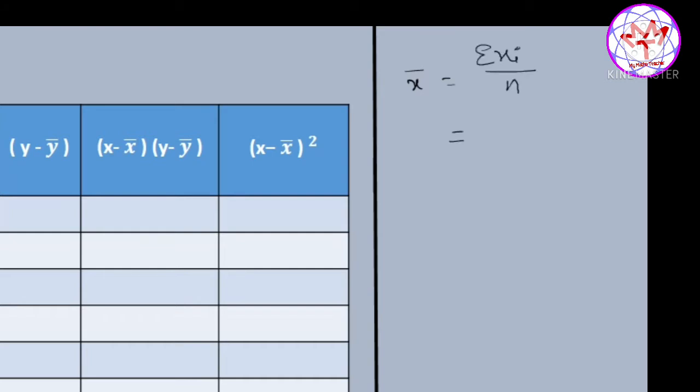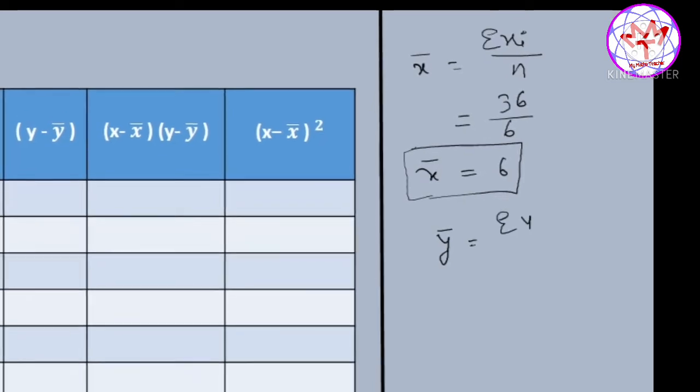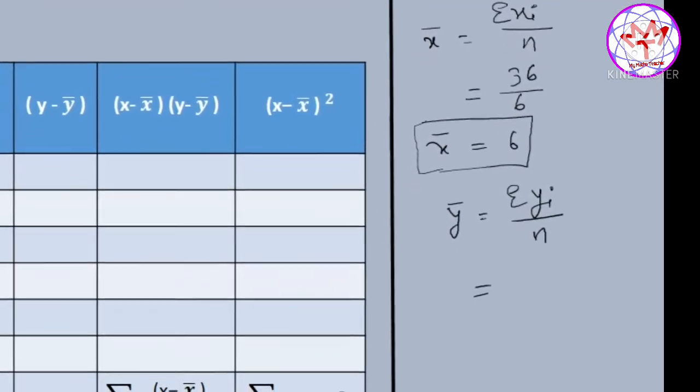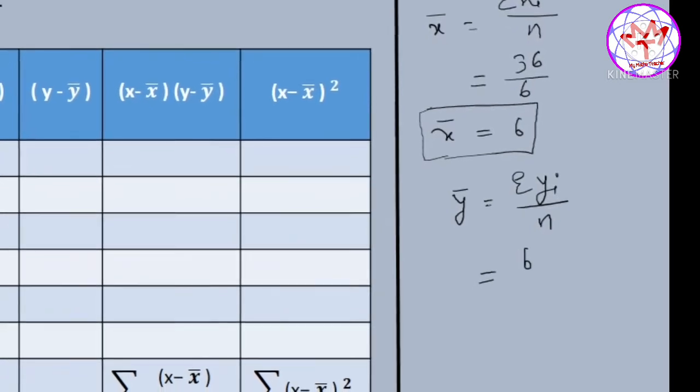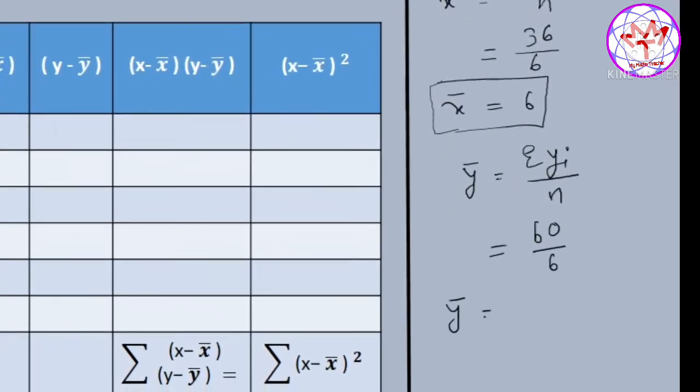Now over here summation xi is 36 and n is equal to 6. So we get 6 6 are 36. So x bar is equal to 6. Y bar is equal to summation yi upon n. So that is summation yi is 60 upon 6. So we get y bar is equal to 10.